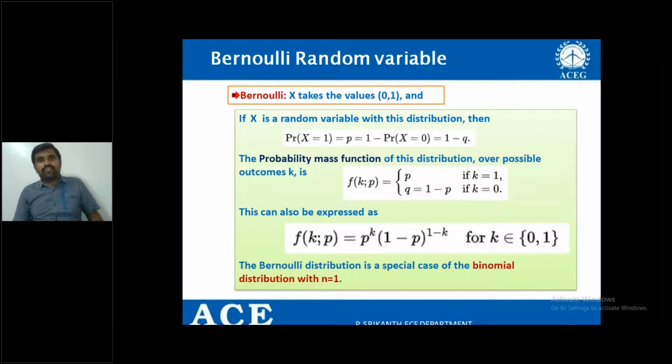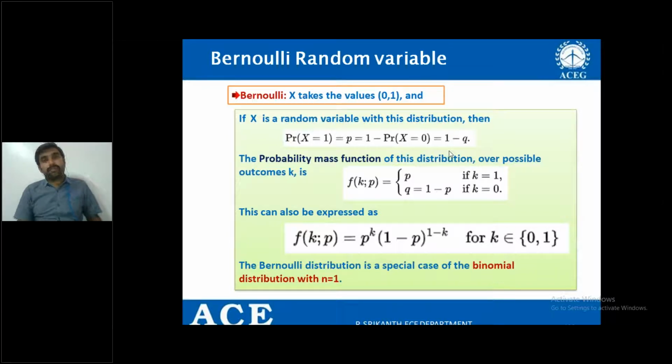Here the functional way you can represent like this: either it takes 0 or 1. The random variable may take the values 0 or 1. And if x is a random variable with the distribution, that is PR of x equal to 1 equal to p, or equal to 1 minus q, where q is the probability of occurrence of 0 and p is the probability of occurrence of 1, right?